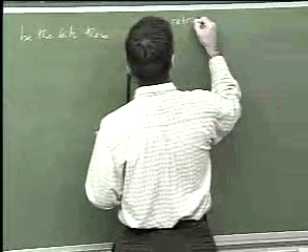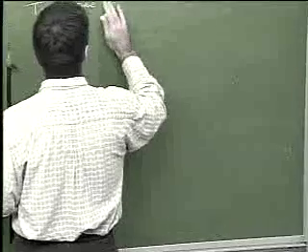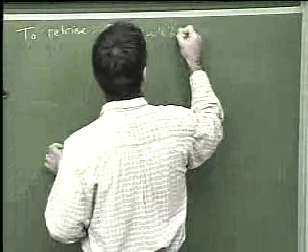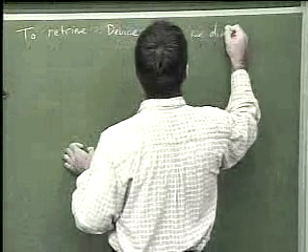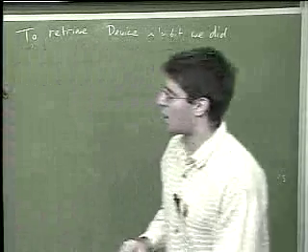To retrieve device 1's bit, or device i's bit, we used this quantity R that we called.